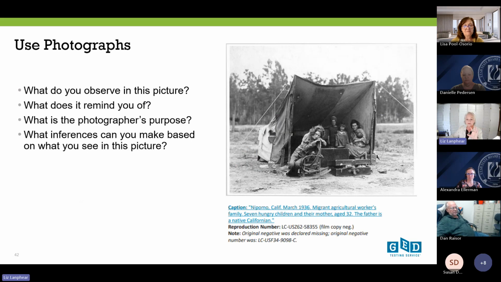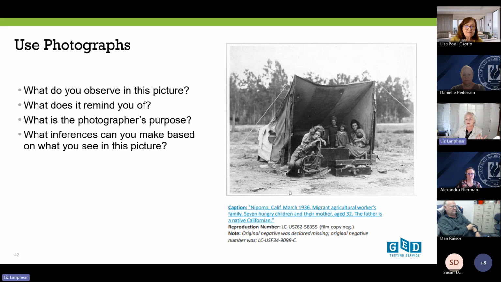So here's an idea of using a picture and have them say, what do you observe in this picture? What does it remind you of? What is the photographer's purpose? What inferences can you make based on what you see in this picture? So you can all look at this picture and start drawing some conclusions, even if you didn't have the caption here.